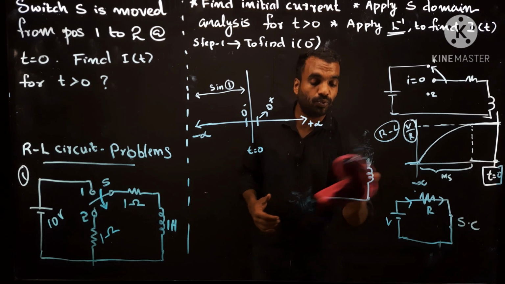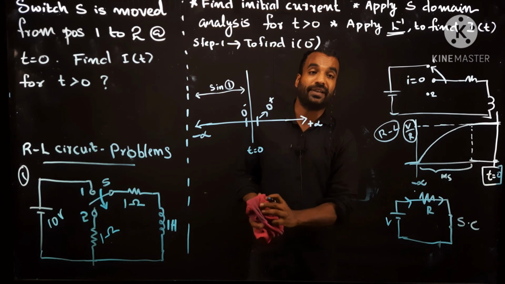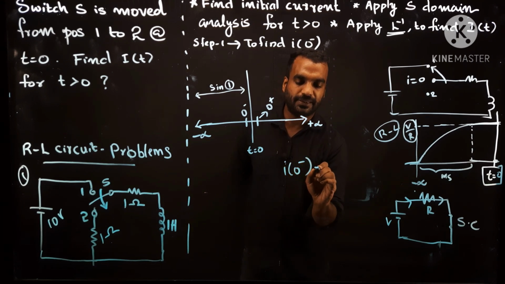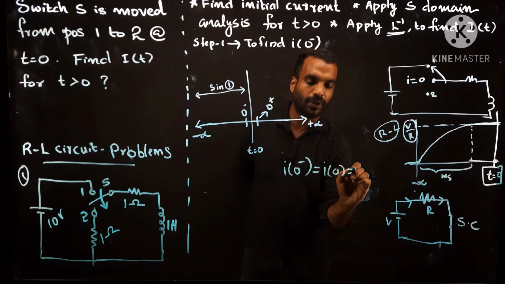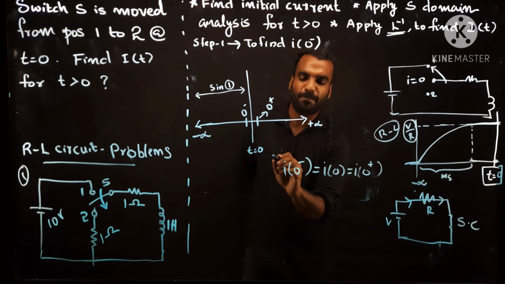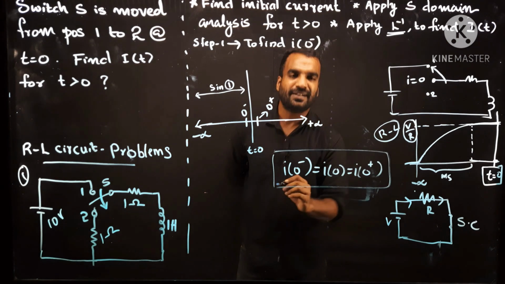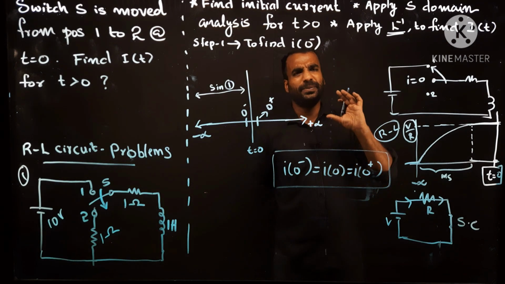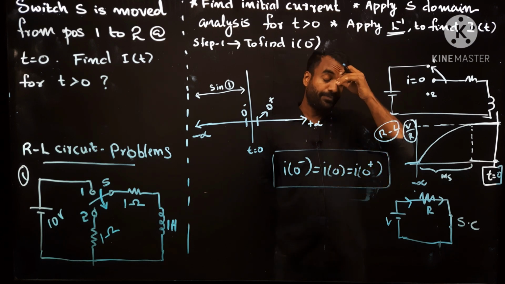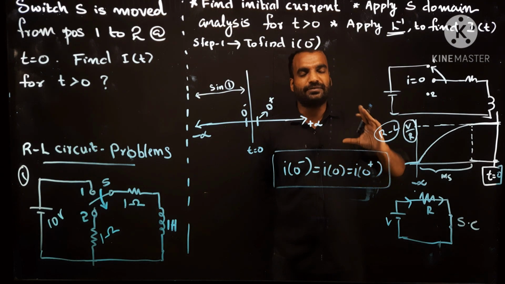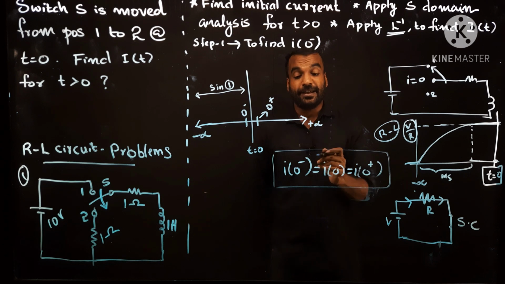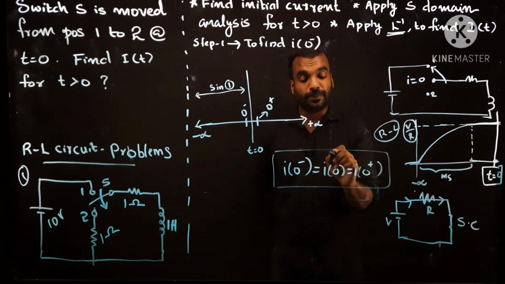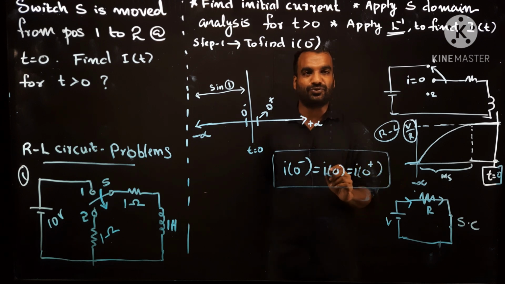The main thing you have to keep in mind is that for an inductor, I0 minus is equal to I0 is equal to I0 plus. This is the concept. Remaining things you have to take from your mind. Inductor will not permit sudden change in current. The current just before the instant will be the current just after switching also.